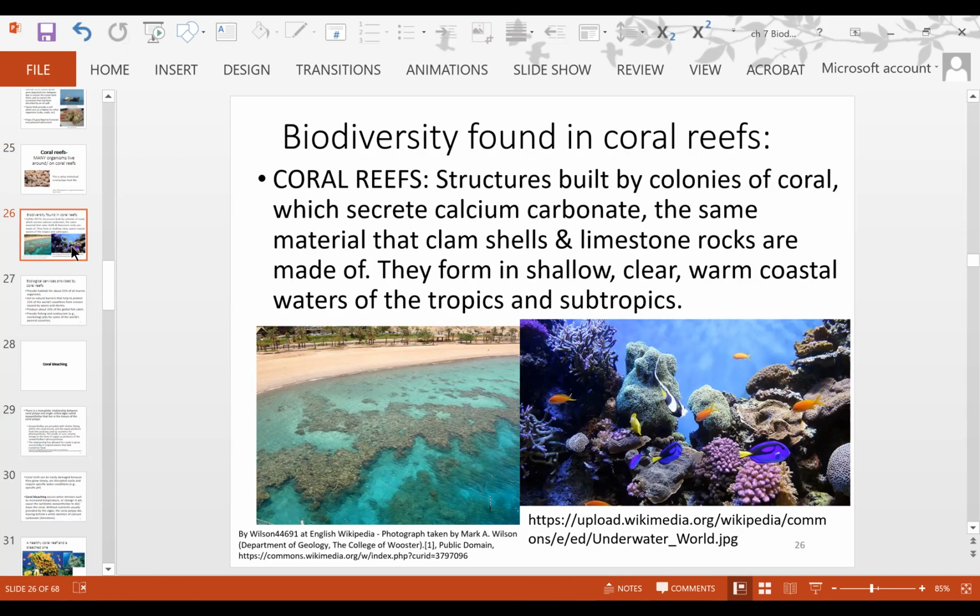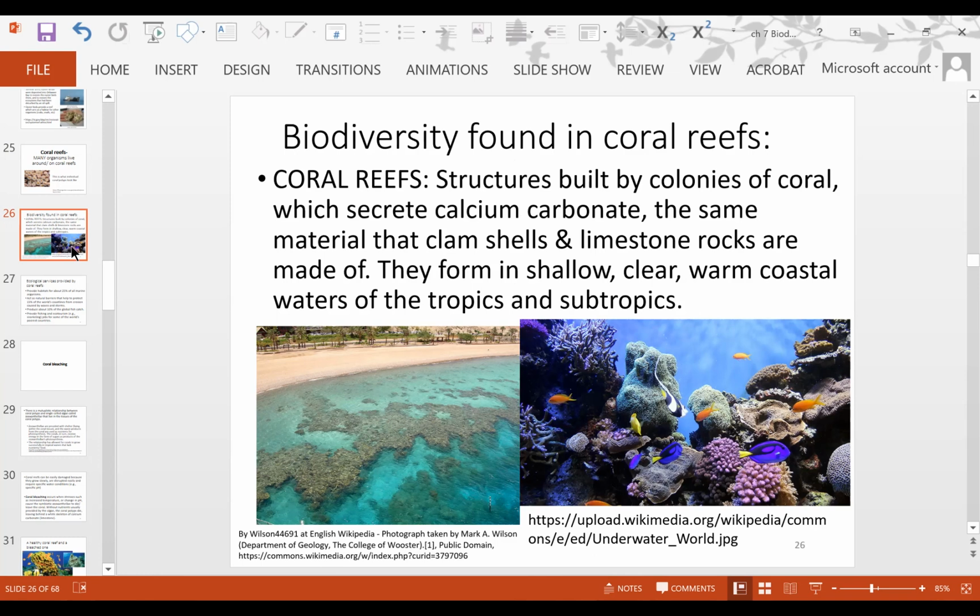And each coral secretes the mineral calcium carbonate that makes their skeleton. It's the same material that clamshells and limestone rocks are made of. And when the coral dies, it leaves behind the limestone skeleton.